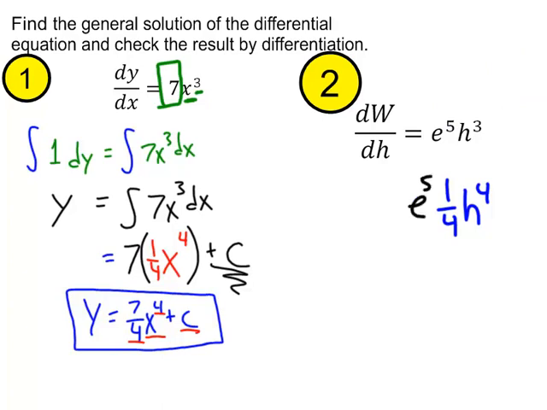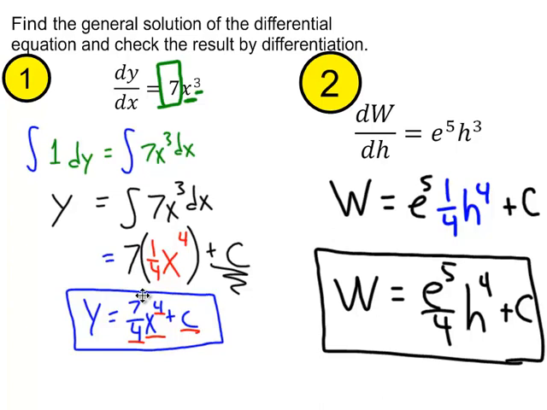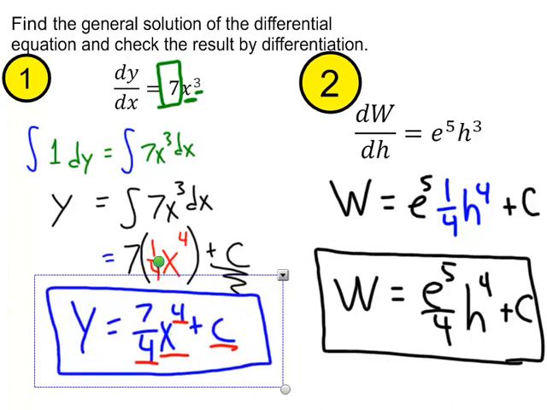And since I just anti-derived on the right-hand side, I anti-derive on the left-hand side, and I get just w. And then we remember the plus c. And then we get e to the fifth over 4, h to the fourth, plus c. That's our final answer. Again, very similar to the first one. All right, let's go on to the next exercise.